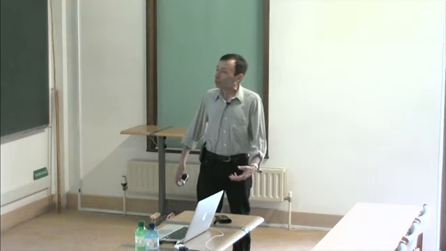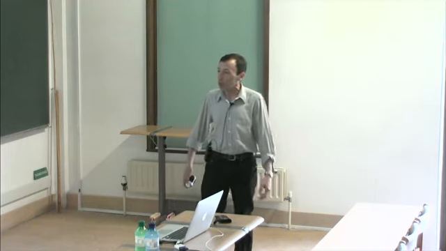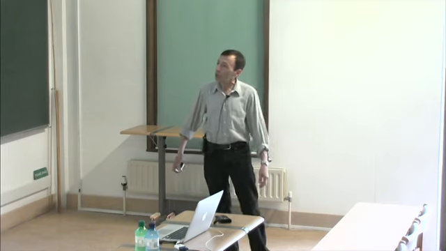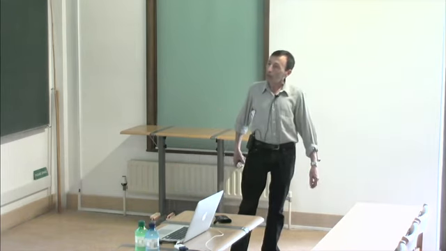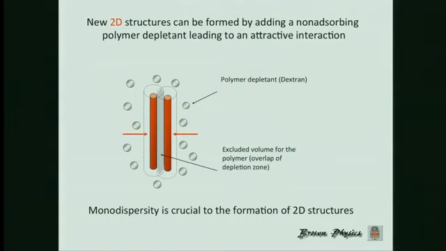Now, the excitement of the stuff that I'm going to show you, this particular self-assembly, has to do with seeing two-dimensional structures, which can be formed when, in addition to the FD in the solution, you add a non-adsorbing polymer depletant, such as dextran.